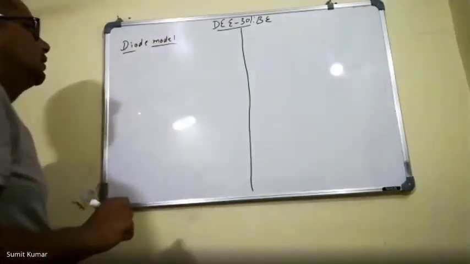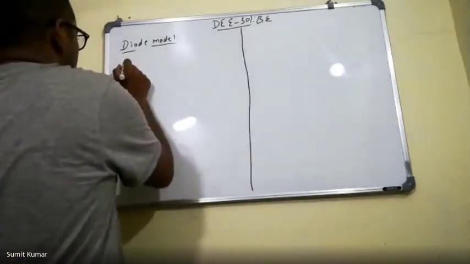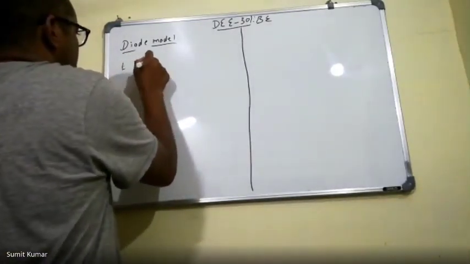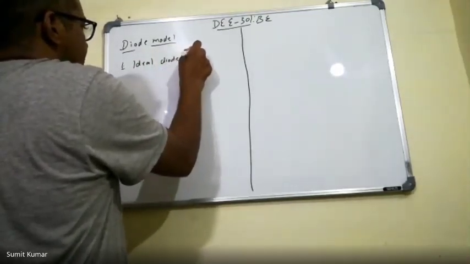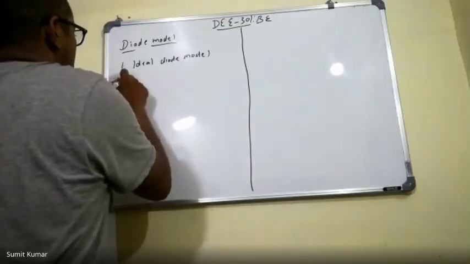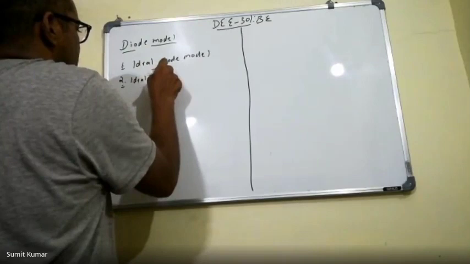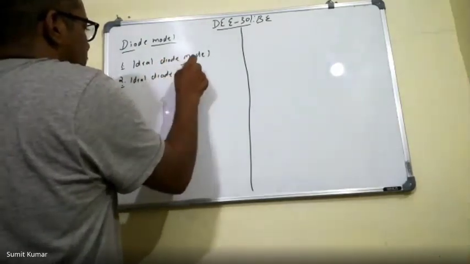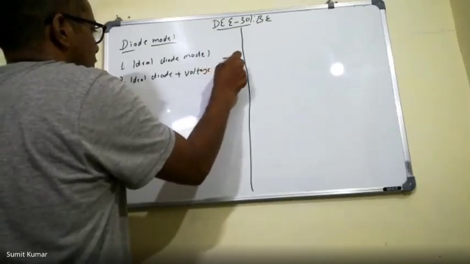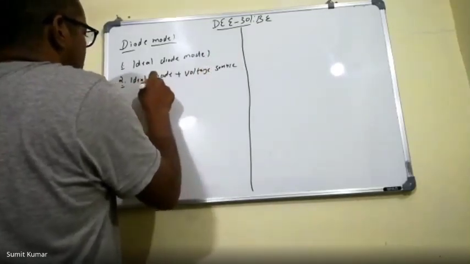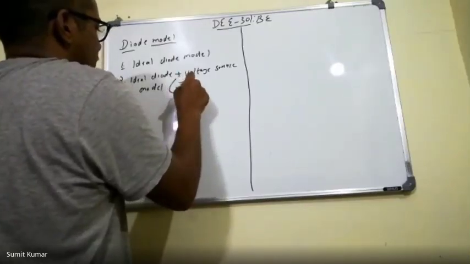We have seen there are three kinds of diode models. Number one is the ideal diode model. Number two is the ideal diode plus voltage source model, and this is also called the constant voltage source model.